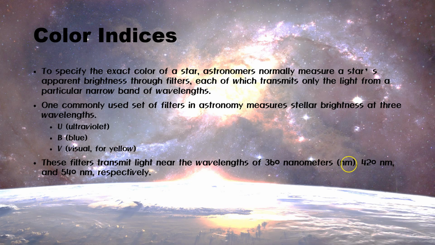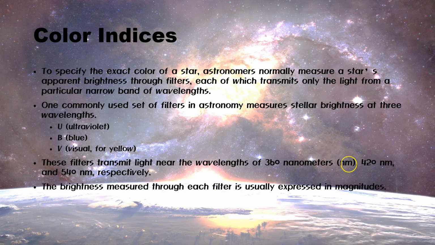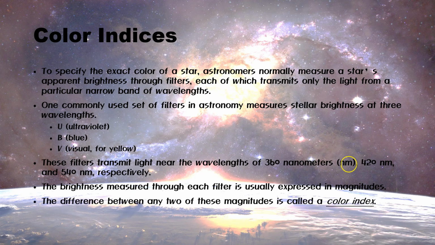These filters transmit light near the wavelengths of 360 nanometers, 420 nanometers, and 540 nanometers, respectively. The brightness measured through each filter is usually expressed in magnitudes. The difference between any two of these magnitudes is what we refer to as the color index.